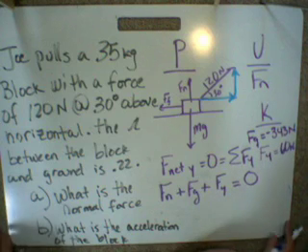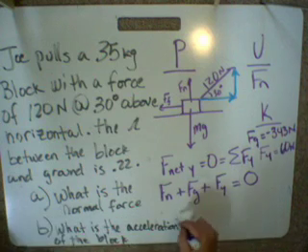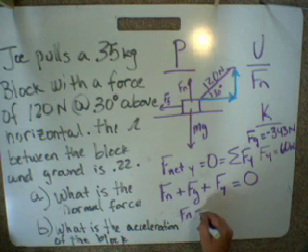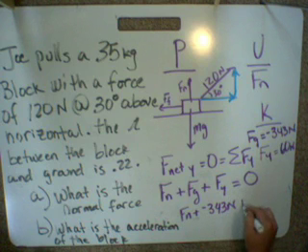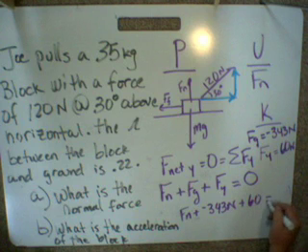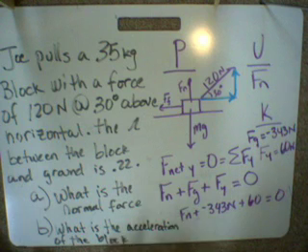So I could go ahead and plug these values in. I have that Fn plus the force due to gravity, which is negative 343 newtons, plus the force in the y direction, which is a positive 60. All of that should be equal to 0.